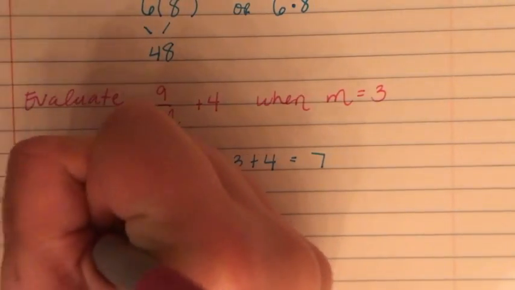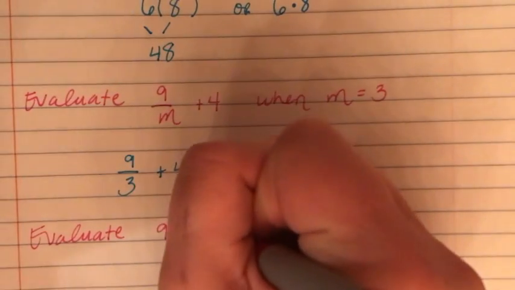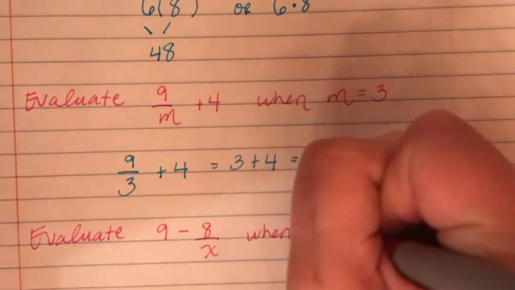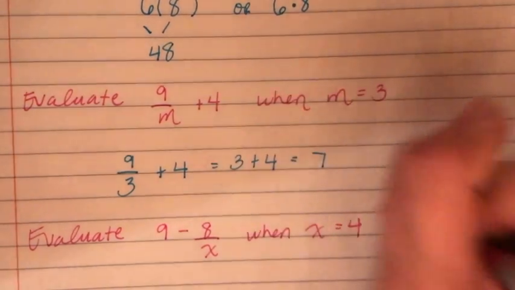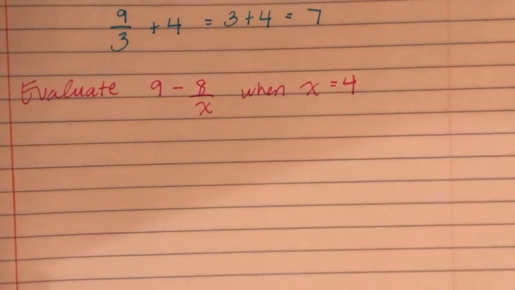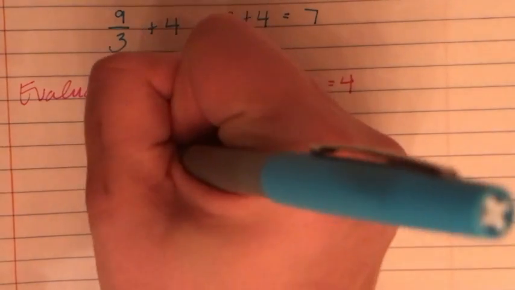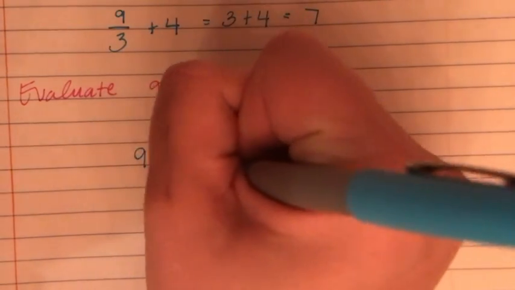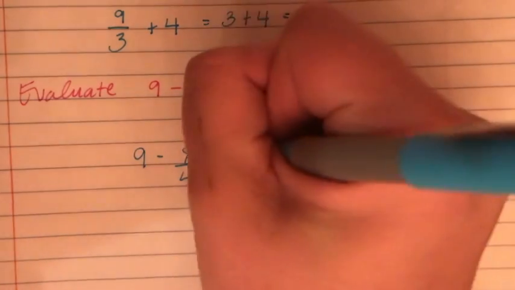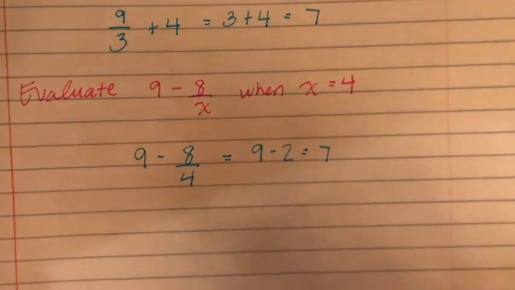Evaluate 9 minus 8 over x when x equals 4. Okay, so this one's pretty similar to the one above. So again, wherever I see an x, I replace it with a 4. So I have 9 minus 8 over 4. Order of operations tells me I solve the division first. 9 minus 2, and I get 7.